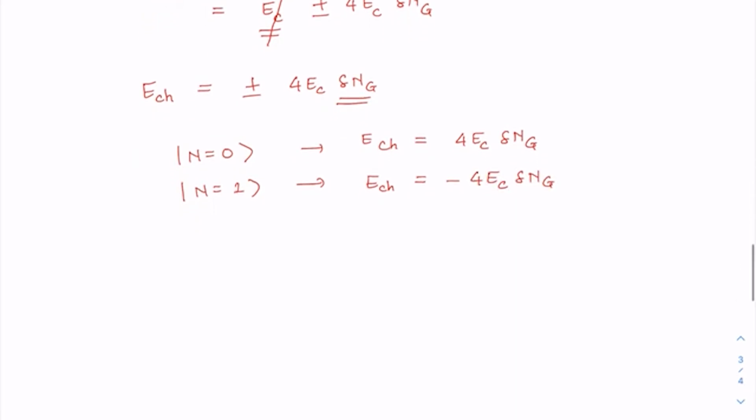Now let us take the n is equal to 0 state as (1 0), and n is equal to 1, let me write it as (0 1).